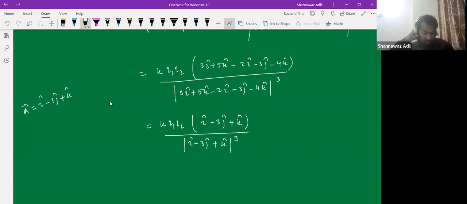Do you remember the universal unit vectors? Yes, sir. These are a very, very crucial thing. And I have told you how to calculate the magnitude of this. How do you calculate magnitude?